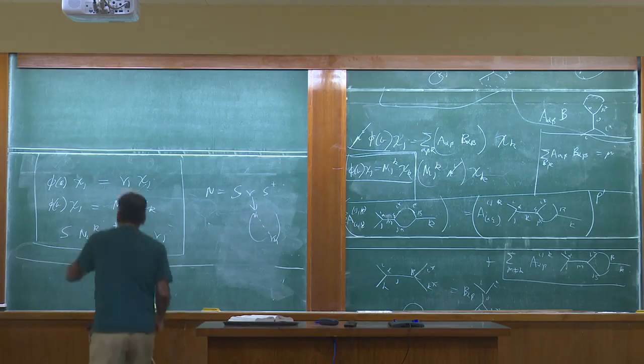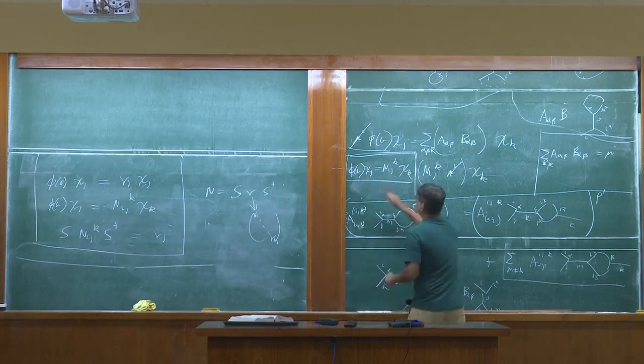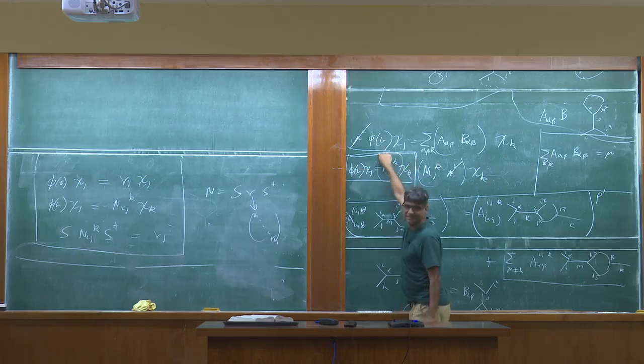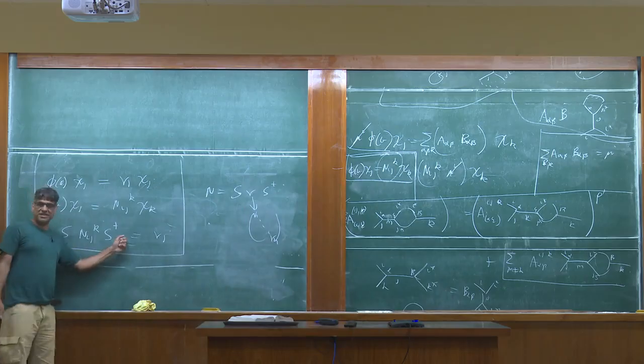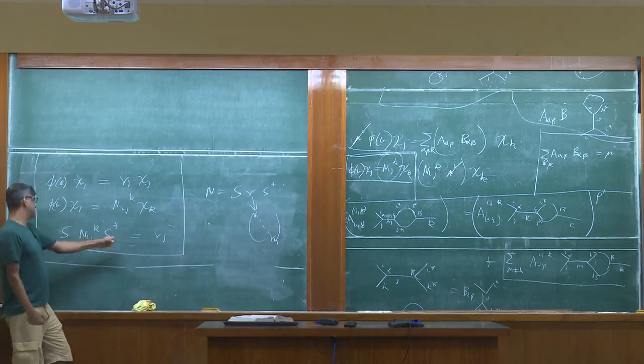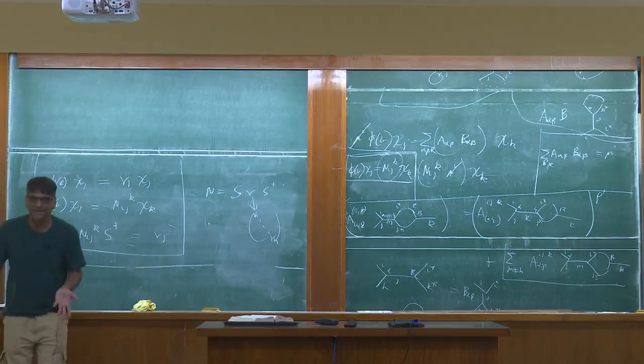The important point is that once you have this formula here, immediately you see that there is a connection between the N matrix and the S matrix. The connection is that all the N matrices are simultaneously diagonalized by the S matrix.